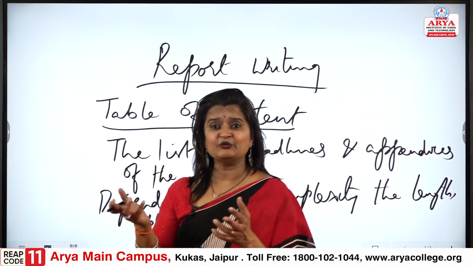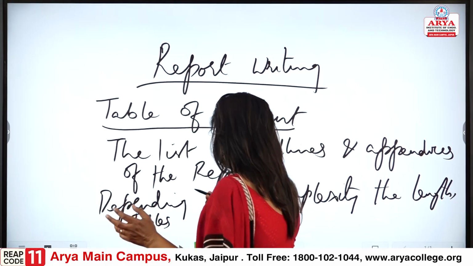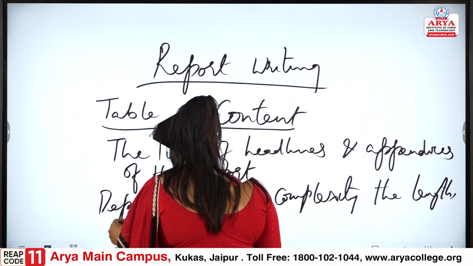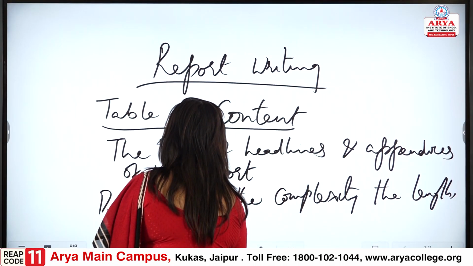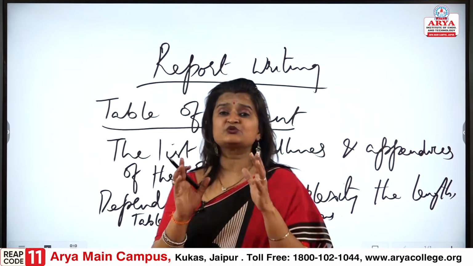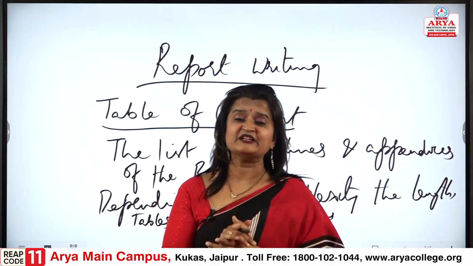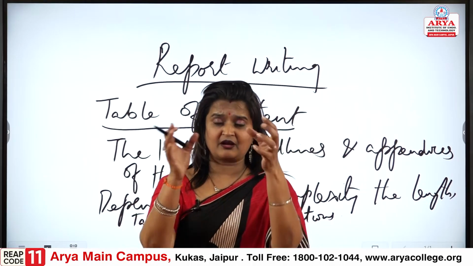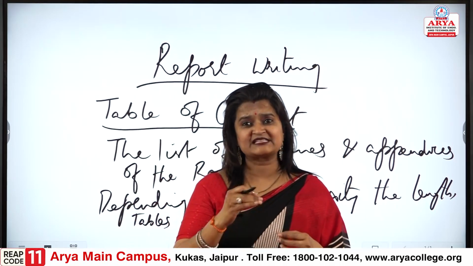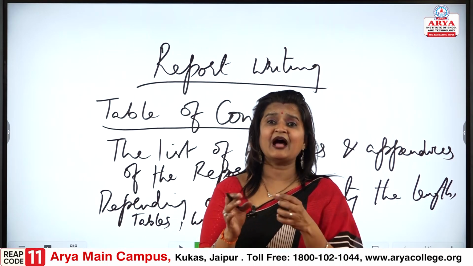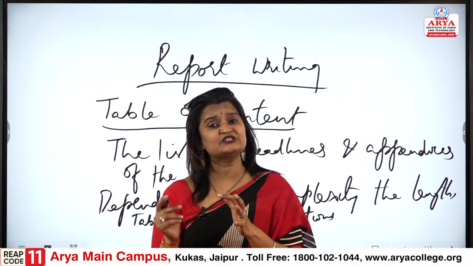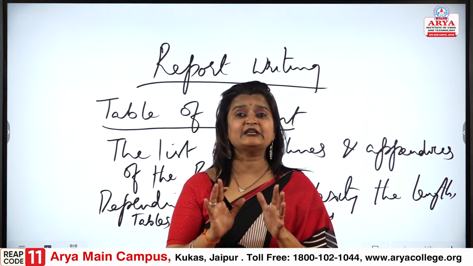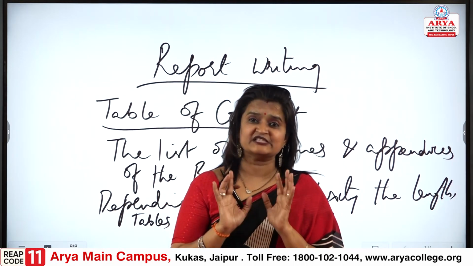It could be in table form. Then there is the list of illustrations. Together, when we combine all this step by step, it makes up the number of pages, and those pages would not exceed 10 pages.